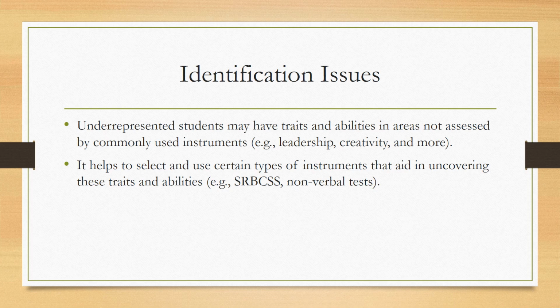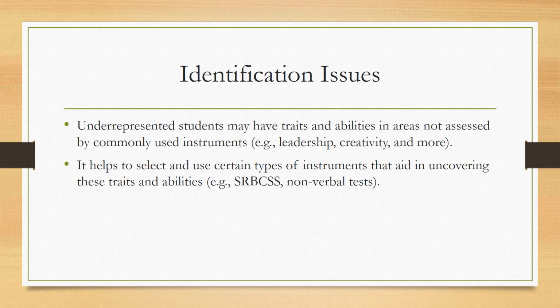What if we could find instruments designed to screen for those traits? Then we might uncover more underrepresented students. It helps to select and use certain types of instruments that aid in uncovering these traits and abilities. This week you're going to learn about your next assignment, which is the Scripps screening.